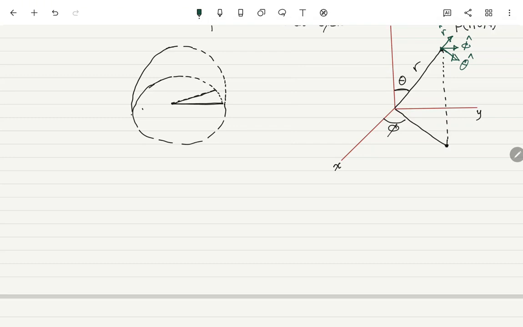A vector in the spherical coordinate system is defined generally by A equals r hat Ar of r, theta, phi, plus theta hat A theta of r, theta, phi, plus phi hat A phi of r, theta, and phi.